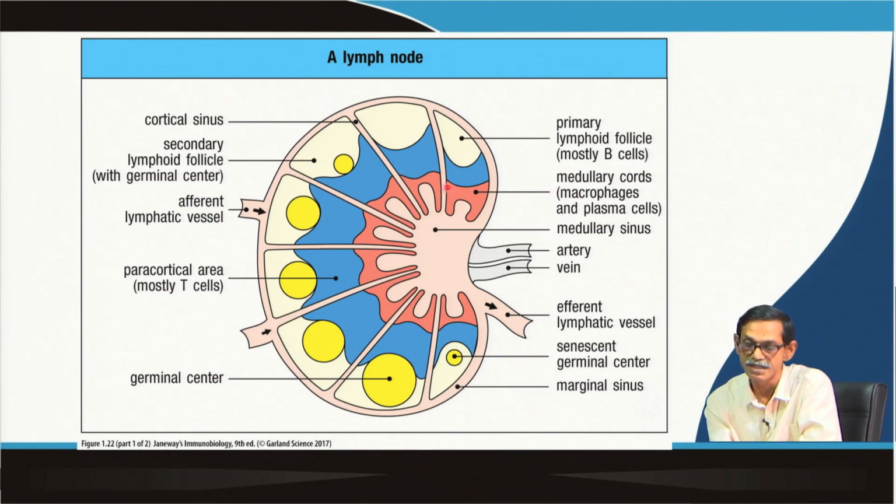And this pink region is the medullary cord, where macrophages and plasma cells are there. What are plasma cells? We will discuss later, but we already said that a B cell is converted to a plasma cell, and the plasma cell is actually producing the antibody molecule and secreting it. So, here these yellow circles are called germinal centers.